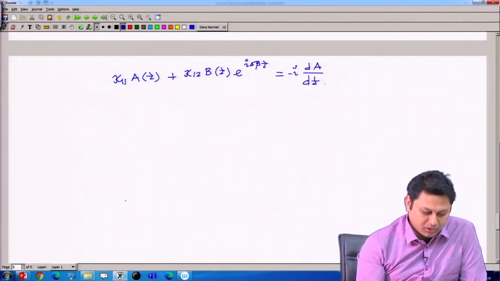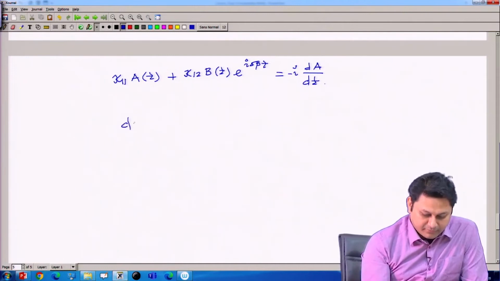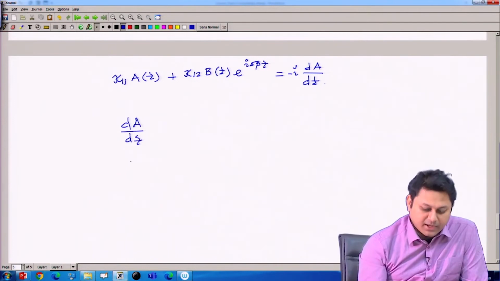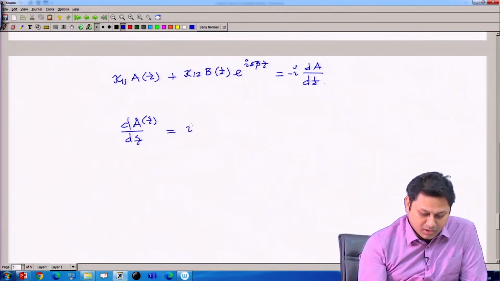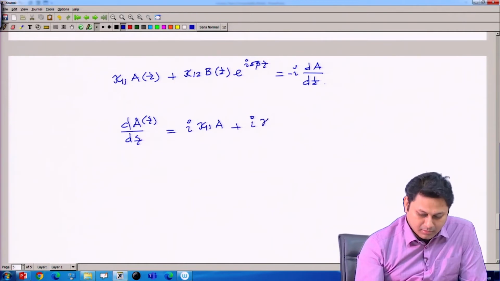So, I simplified it more, and eventually I have a very interesting equation which I wanted to find, and this equation is the evolution of the amplitude over z: dA dz is equal to I kappa 1 1 a plus I kappa 1 2 b e to the power of I delta beta z.